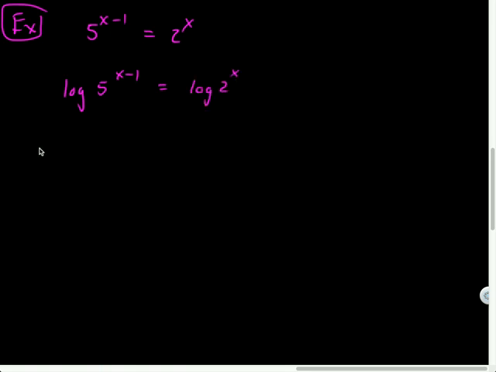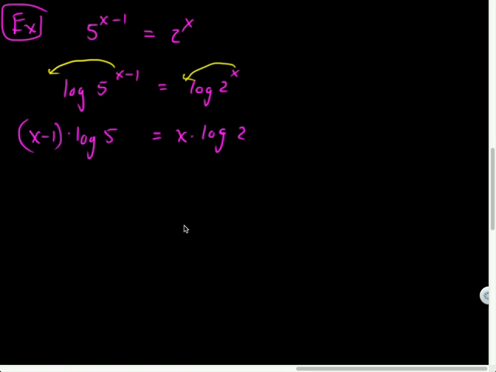Power property, so I can pull those exponents out front of each log respectively. So I'll have x minus 1 in parentheses times log of 5 equals x times log 2. Now any ideas?